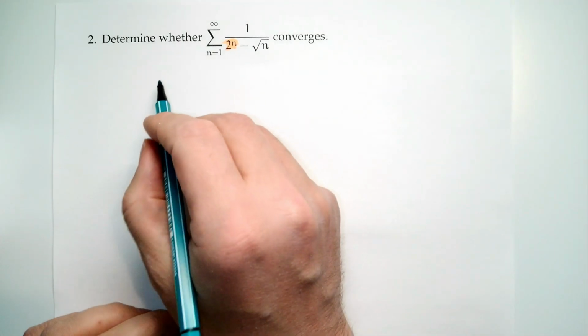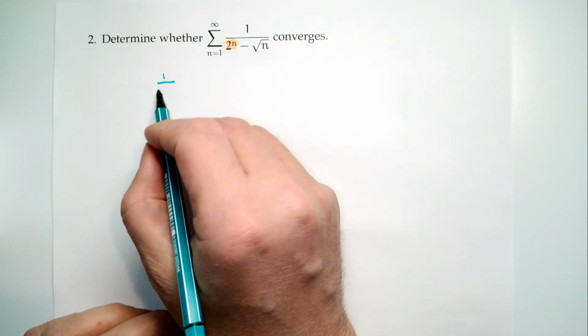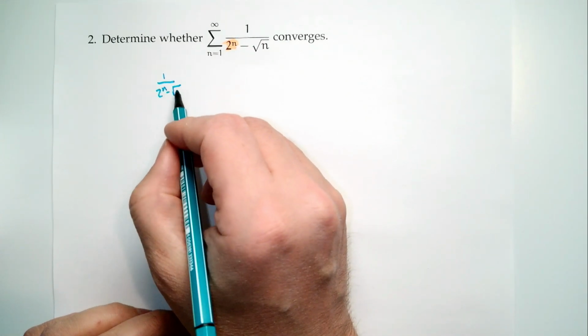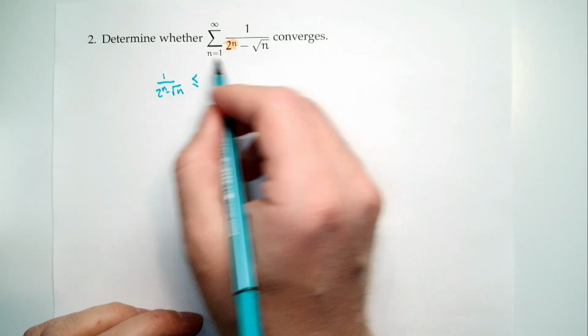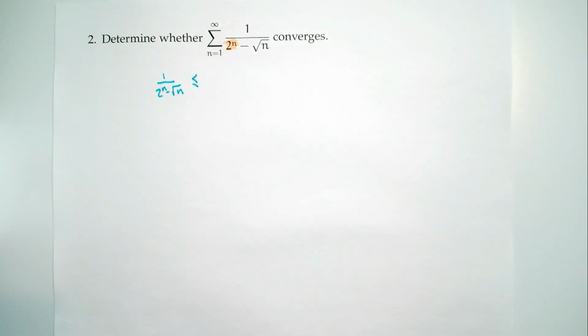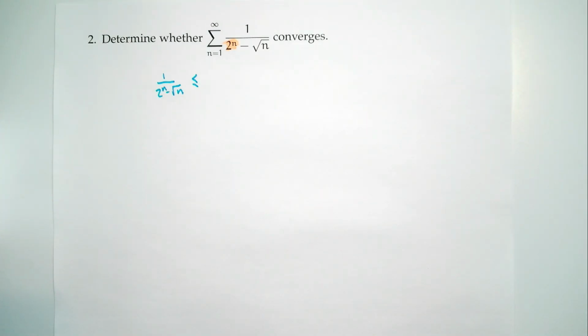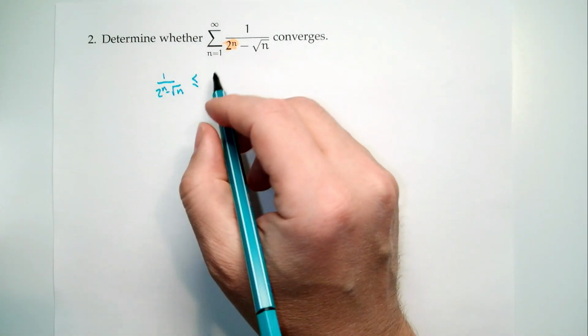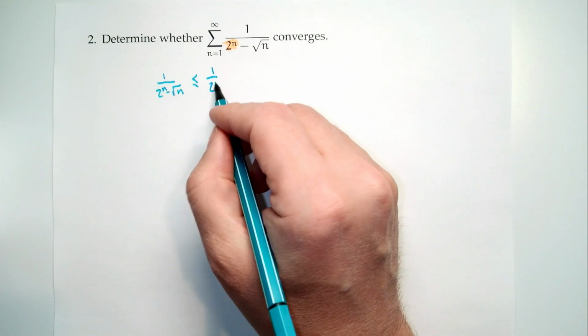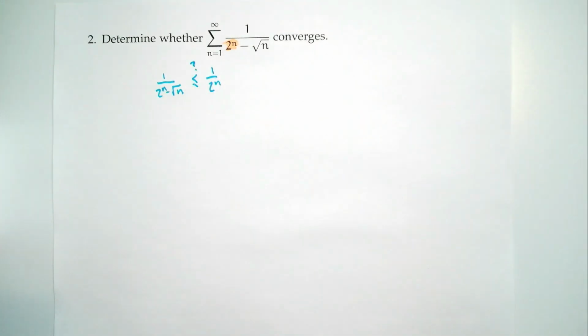Now, can we do the same thing? Well, if it converges, we could try the same thing, right? We want to get this below something which converges. Now, last time we just said, haha, cover up the root n and life is good. This time, is this true? That 1 over 2 to the n minus root n is less than or equal to 1 over 2 to the n.